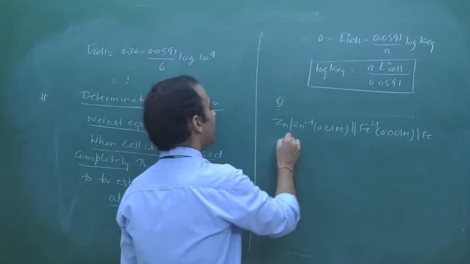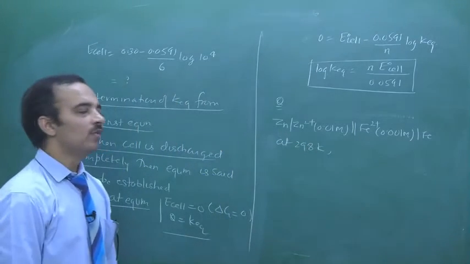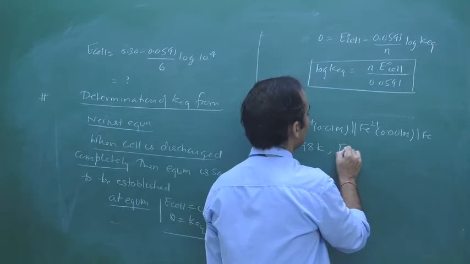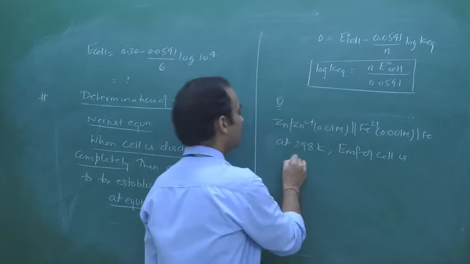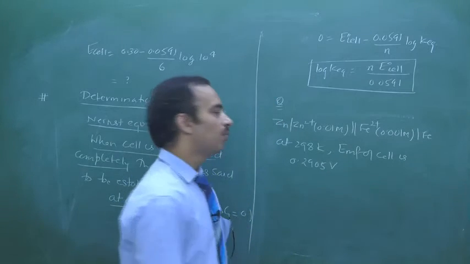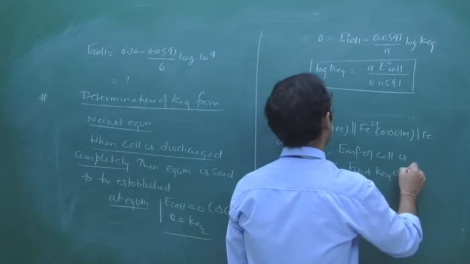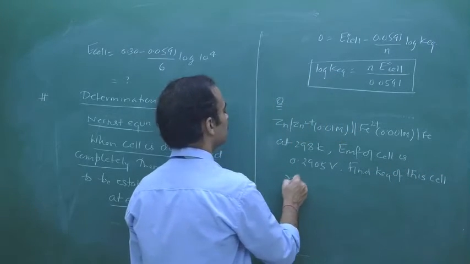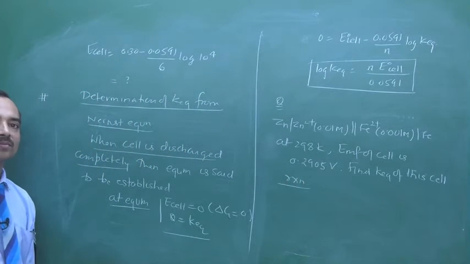At 298 Kelvin, we can say EMF of cell is 0.2905 volt. Find equilibrium constant of this cell reaction. You have to find this out.